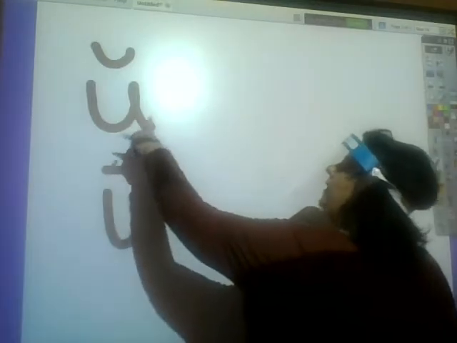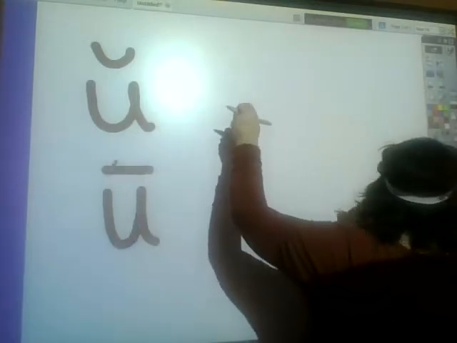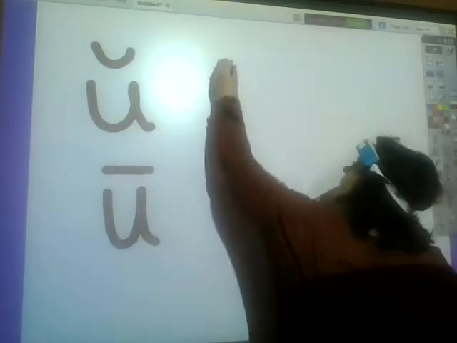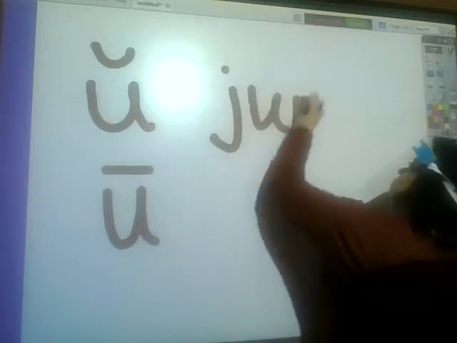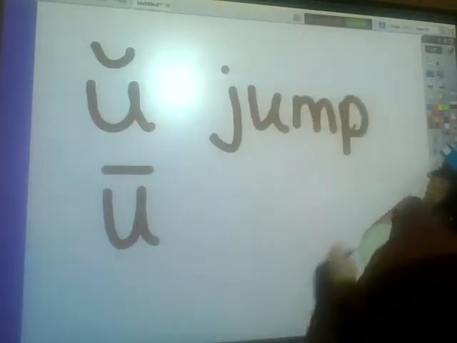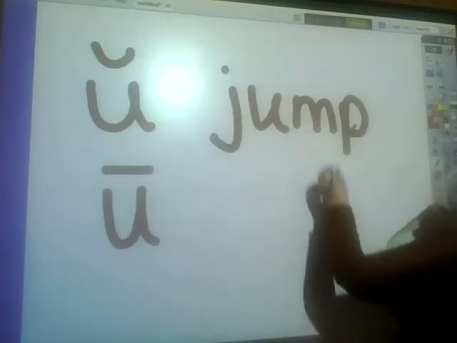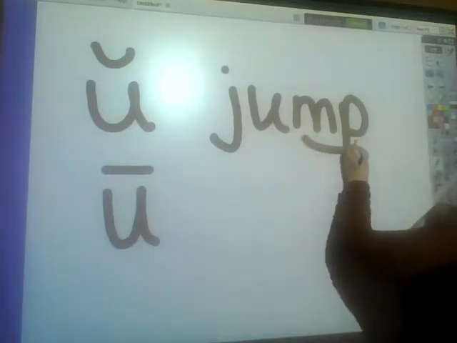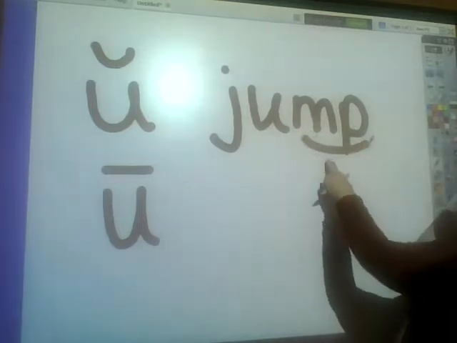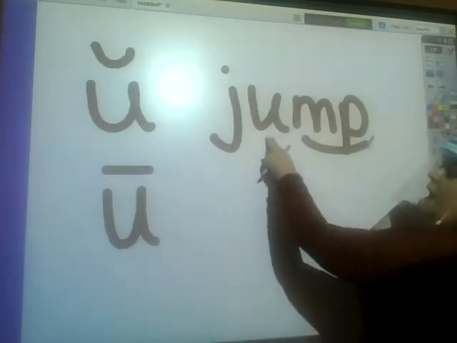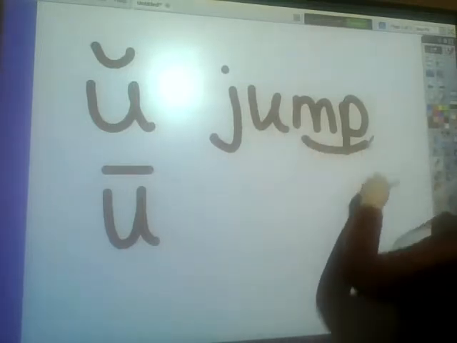Let's look at this short vowel sound in the word jump. Here's our blend, right at the end, okay?